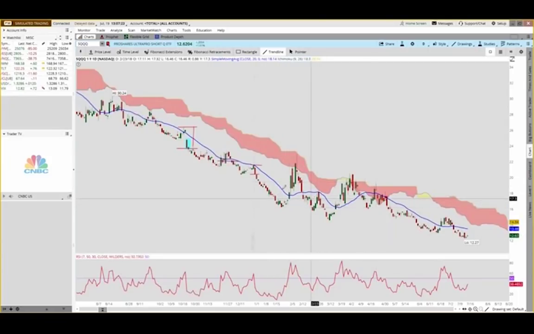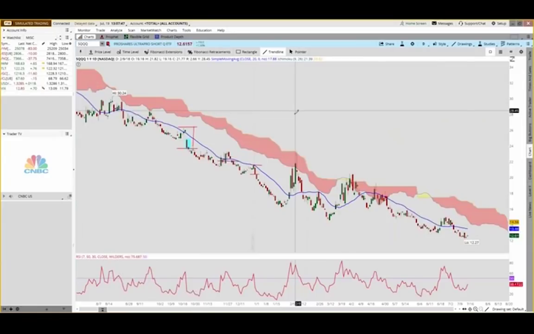You could use a 2-bar trailing stop, where once you're in this trade, you look back 2 bars and put the stop at the high of the second last bar. Or if it's a long trade, it would go at the low of 2 bars behind you. And you keep trailing it every 2 bars. But we'll explain a lot more of that in the pro class.